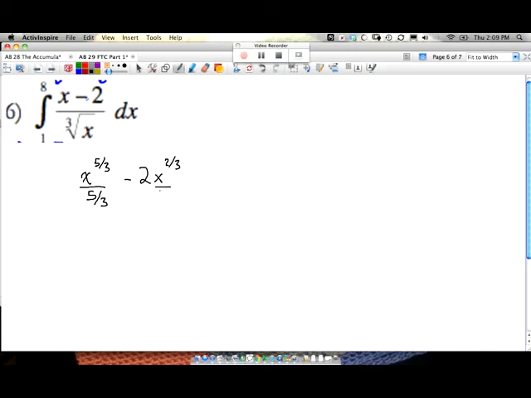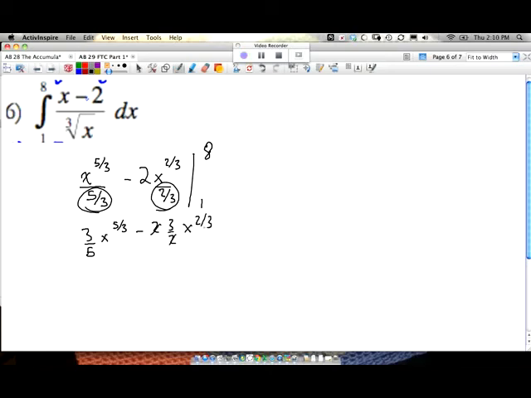And we're evaluating that from 1 to 8. So let's go through and calculate some of this. This first one, I can flip these two denominators as fractions, and it's going to become 3/5 x to the 5/3 minus, we got 2 times 3/2, so those 2's are going to cancel each other, times x to the 2/3.